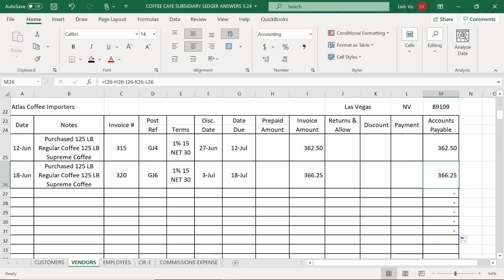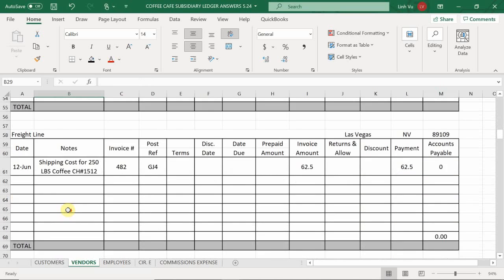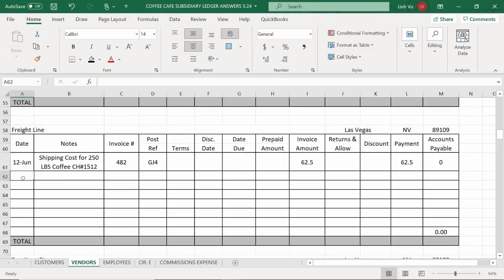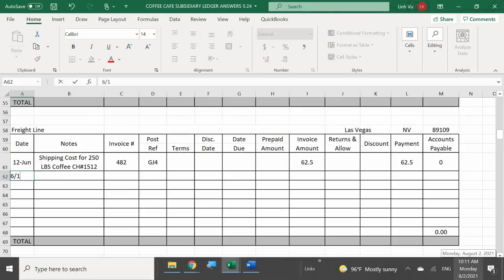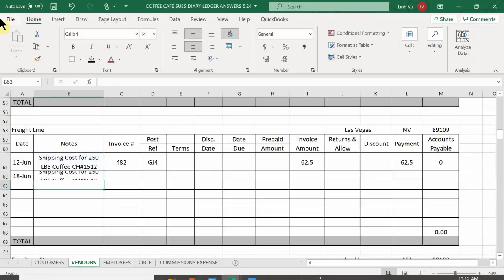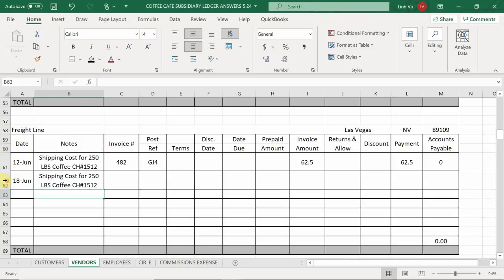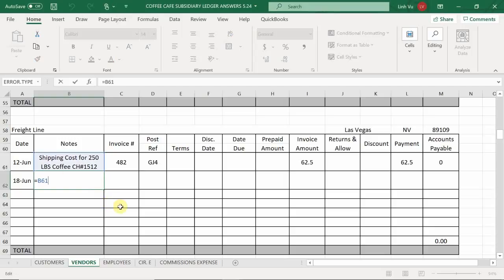Okay. I also have to update Freightline, just in case I need to return some of the coffees or in case I never actually received my coffee, right? I can report them. So again, shipping costs for 250 pounds of coffee. Okay, hold on, I guess I can't do that.